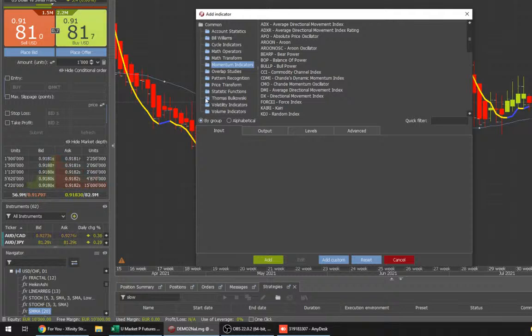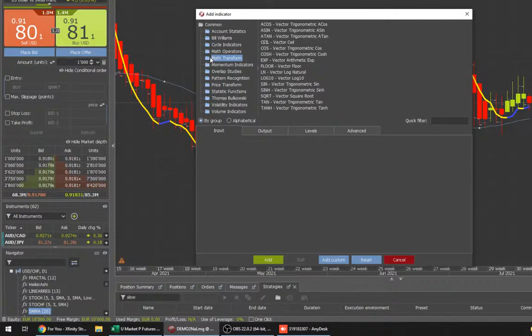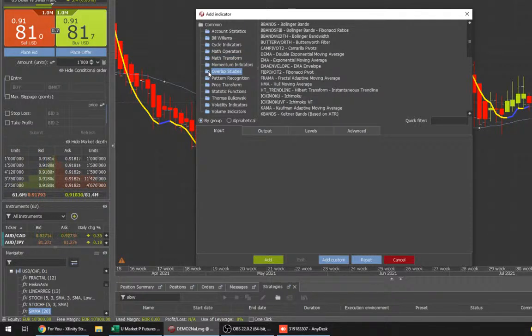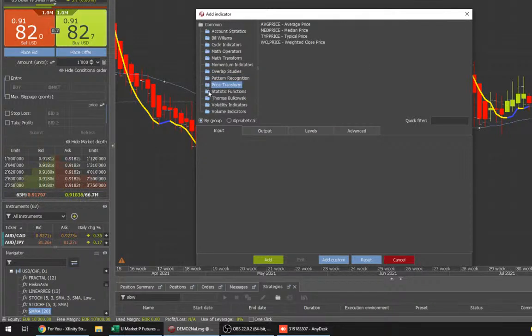Price. Statistics. Volatility indicators. Where are the stochastics? We just want our fast and slow moving stochastic, which makes it a very good leading indicator. That's for sure.